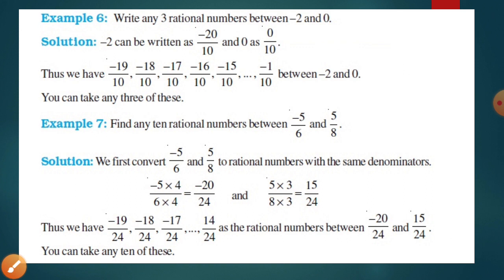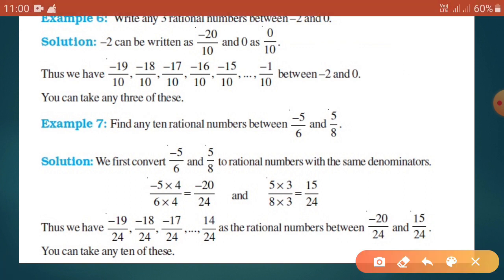Now we are finding out some examples. The first example is: write any three rational numbers between minus 2 and 0. How do we find the rational numbers? Here the question is we have to find three rational numbers. Now the point is here it is minus 2 and 0.